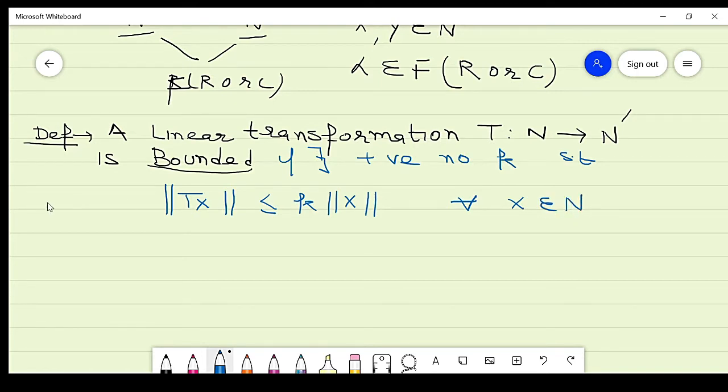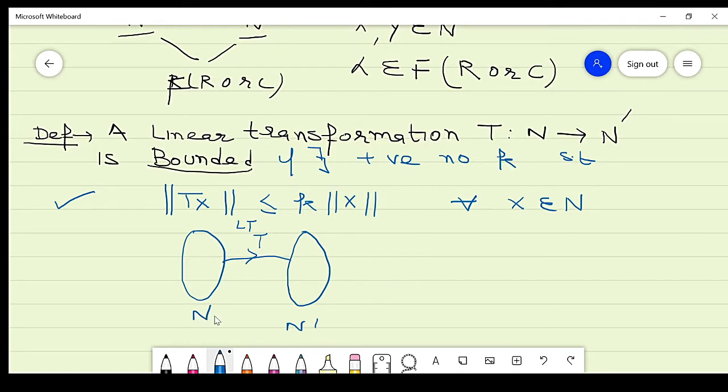So this is the definition of a bounded operator, a bounded linear transformation. Now it means if this is a normed linear space N and this is again a normed linear space N dash, and T is a mapping from N to N dash, then it is a linear transformation from N to N dash.